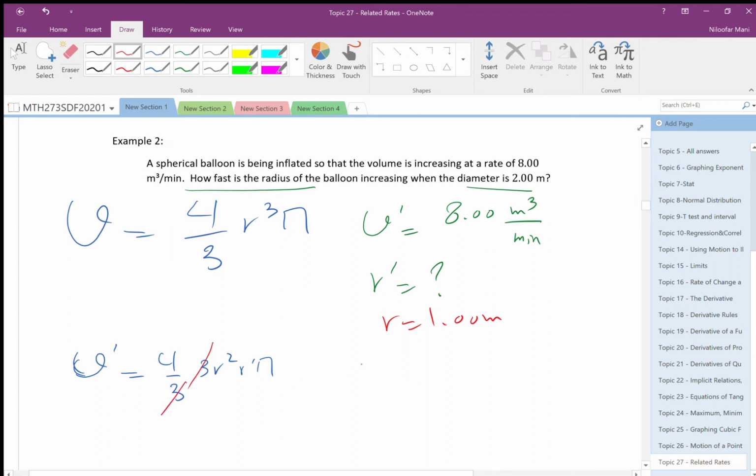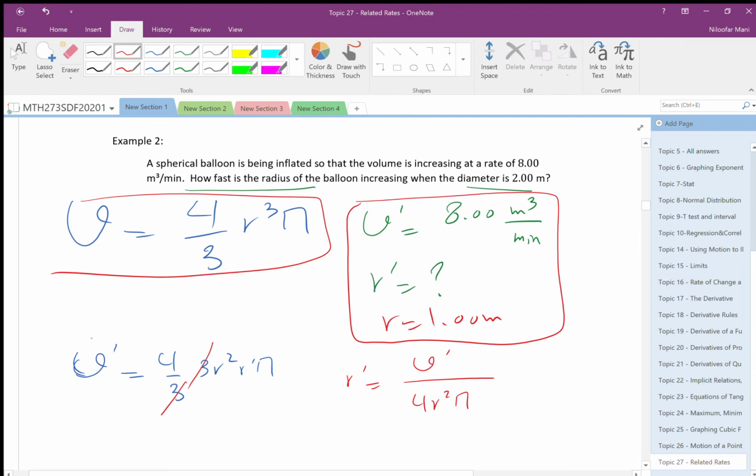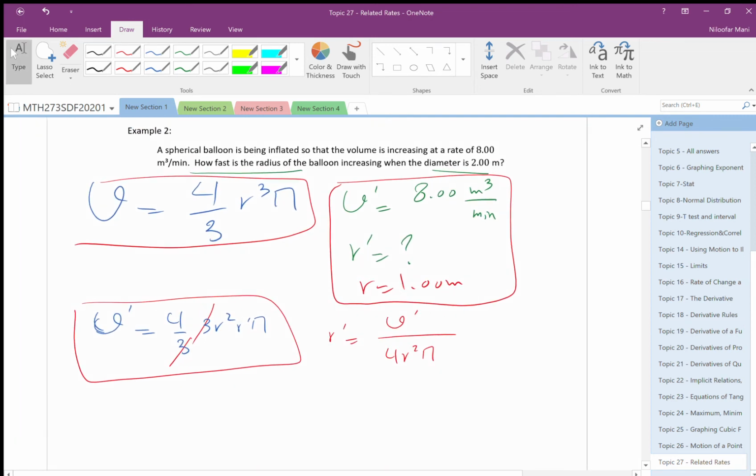And then r prime is V prime divided by 4r squared pi. You do derivative of both sides, and then you solve for r prime. And now you can find the answer.